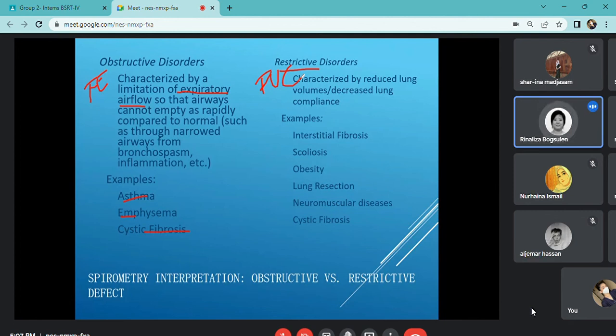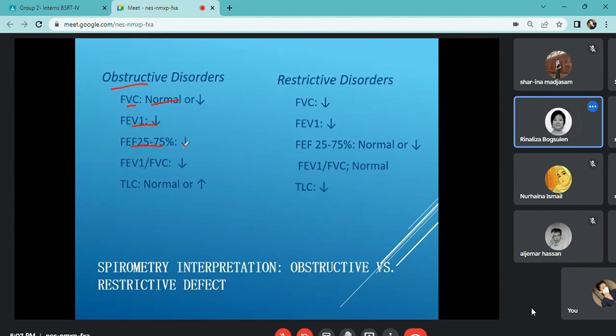So, all parameters, if it's obstruction, your FVC can be normal, FEV1 is decreased, FEF 25-75 is decreased, FEV1 over FVC is decreased. Your TLC can be normal or decreased. In restriction, the hallmark is FVC is decreased.